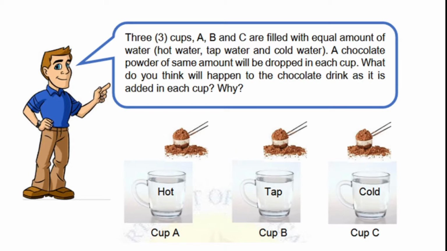Of course, the water is hot, so the speed of the particles of chocolate is faster. That is why they dissolve right away in hot water, right? So the best answer is that the chocolate powder will dissolve fastest in hot water and slowest in cold water. That is the correct one. Okay?